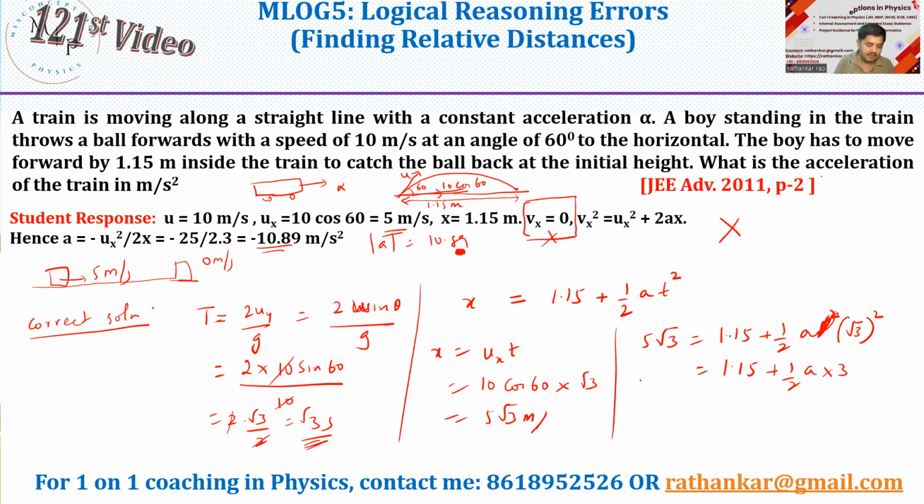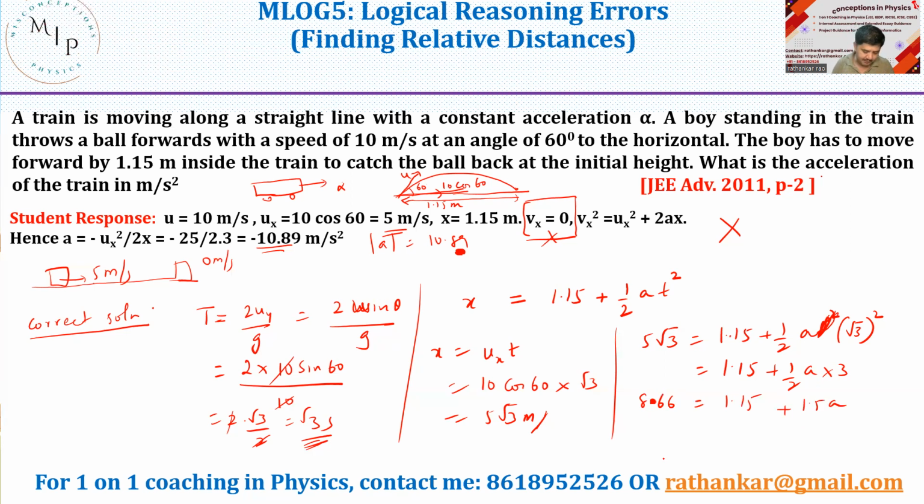Where is my calculator? Yes, it's here. So I should get the answer. Now 5 into 1.732, which is your value for root 3, is equal to 8.66. This value is 8.66. This should now be equal to 1.15 plus 1.5a, right? 3 by 2 is 1.5.